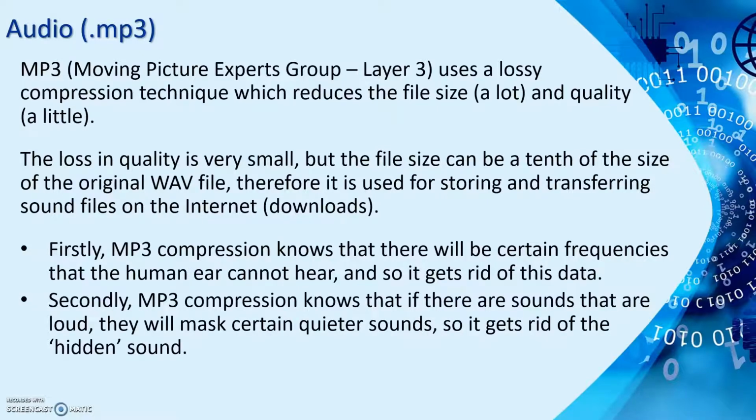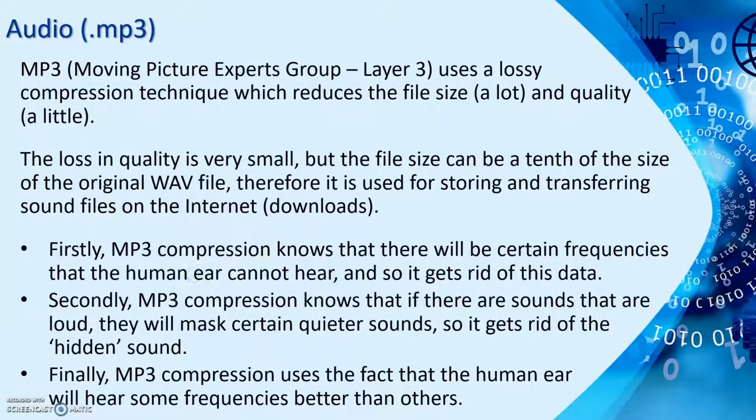Also, MP3 compression realizes that there are sounds that, if they're loud, will mask or hide certain quieter sounds. So it gets rid of the quieter background sound, because we're not hearing it anyway. So it's not storing that, so it's reducing its size. And also, it uses the fact that the human ear will hear some frequencies better than others.